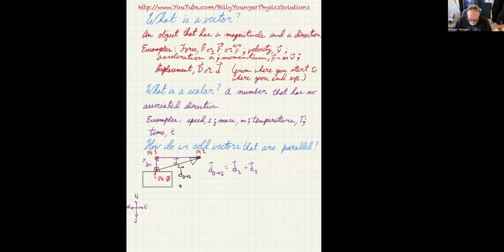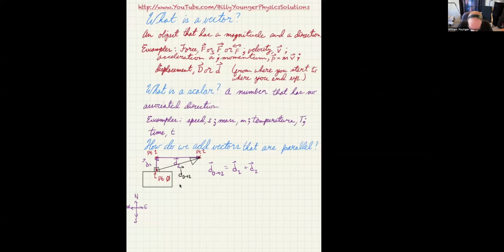You can imagine the vectors put head to tail, head to tail, head to tail, and that actually results in the displacement. So notice what I did was I drew the first vector with its tail at point 0 and its head at point 1. And then I drew the second vector with its tail at point 1 and its head at point 2. And then I drew the displacement vector from point 0 to point 2 as from point 0 all the way to point 2, and that's our displacement vector.